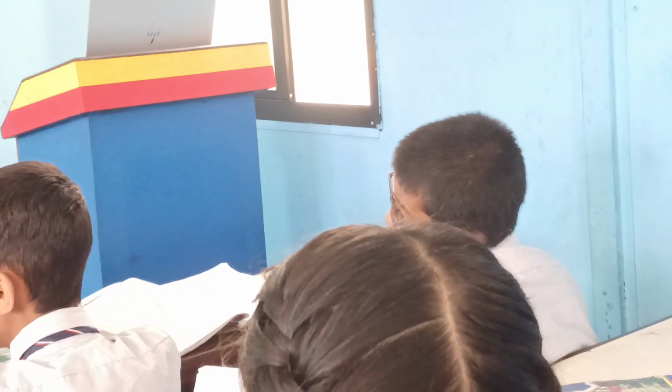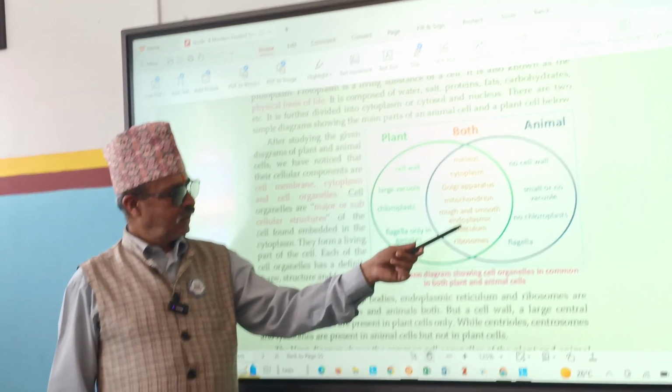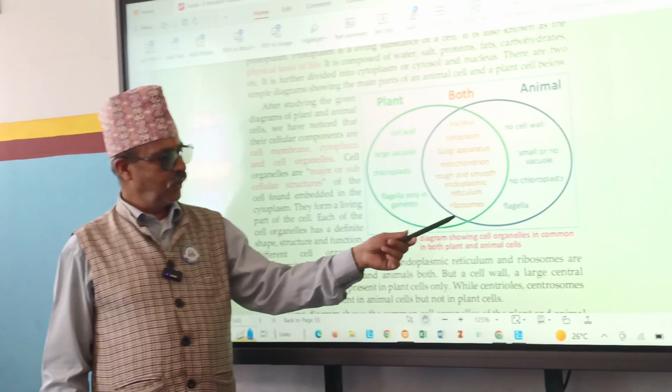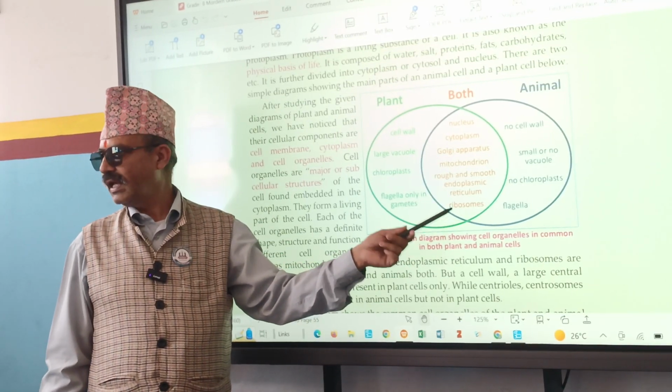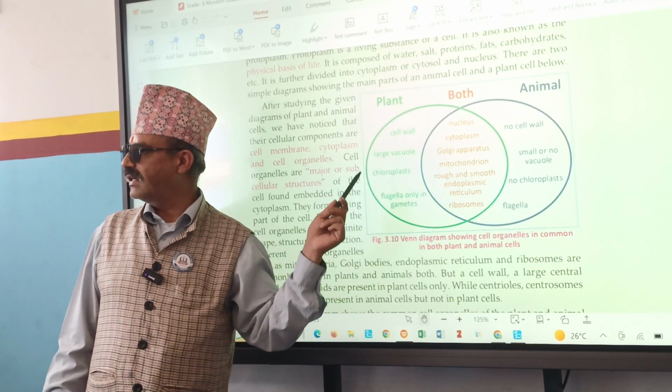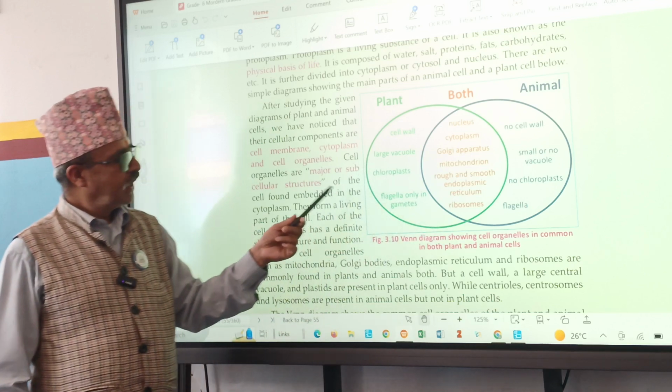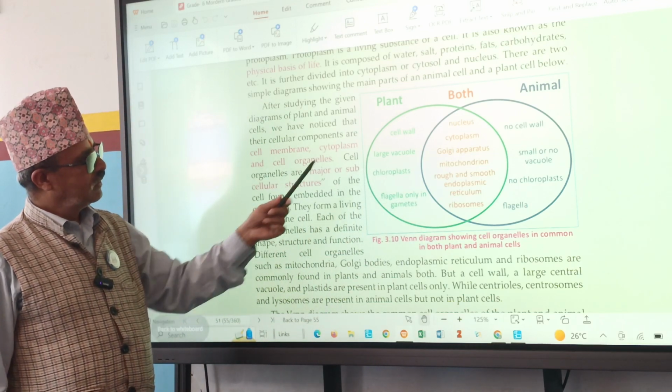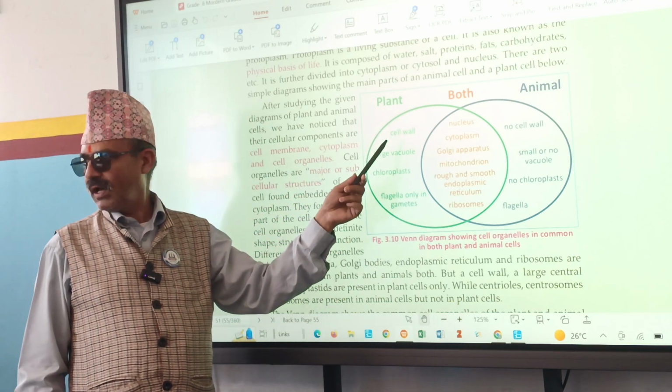Nucleus. Which parts are common in both? Nucleus, cytoplasm, Golgi apparatus, mitochondria, endoplasmic reticulum, and ribosomes. They are present in both plant cell as well as animal cell. In plant cell, there is presence of cell wall.